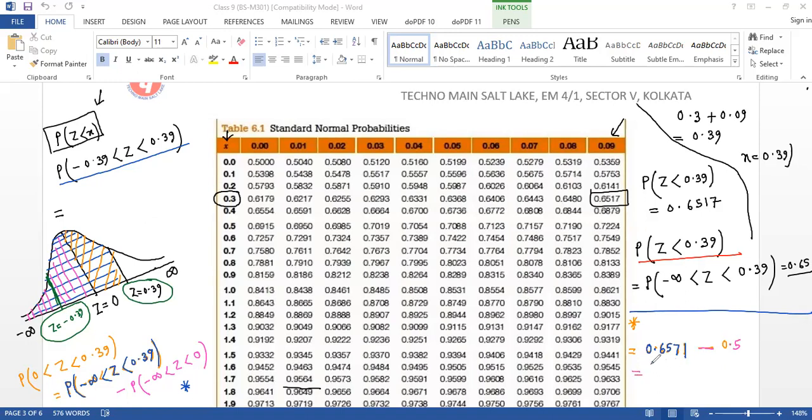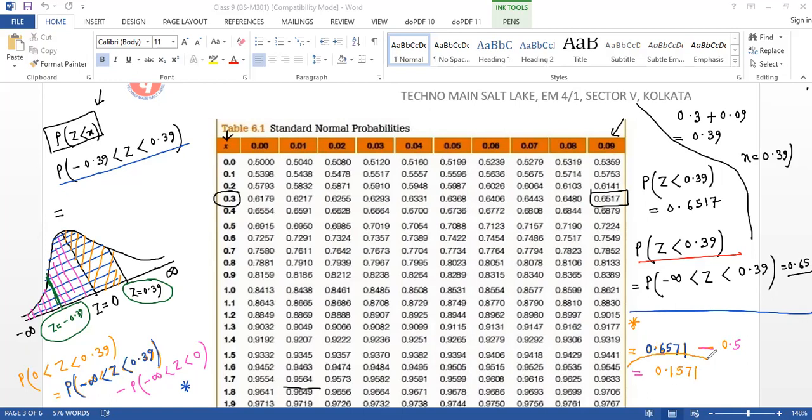So what we have got, you can subtract the two probabilities. Let me subtract it quickly with my calculator. Just a minute. So 0.6571 minus 0.5 is 0.1571.